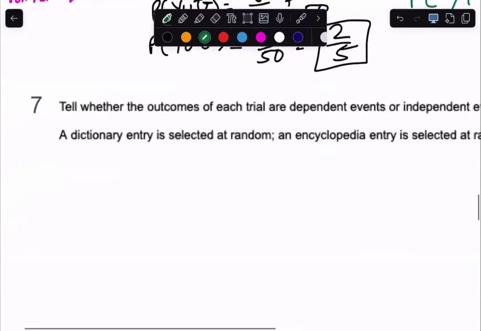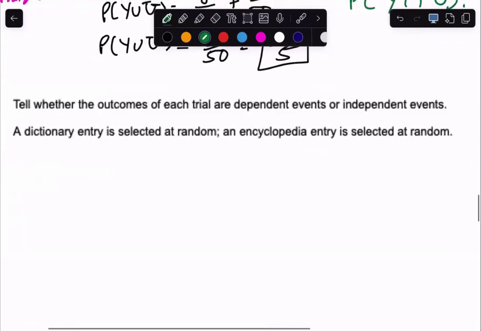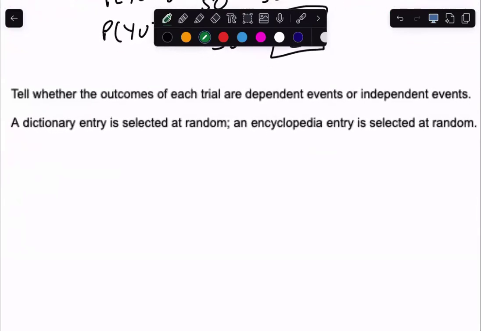Okay, so for number 7, tell whether the outcomes of each trial are independent or dependent events. So a dictionary entry selected at random and an encyclopedia entry selected at random. After you go to the dictionary and select an entry at random, you go to the encyclopedia and then select an entry at random. So these are both independent events.